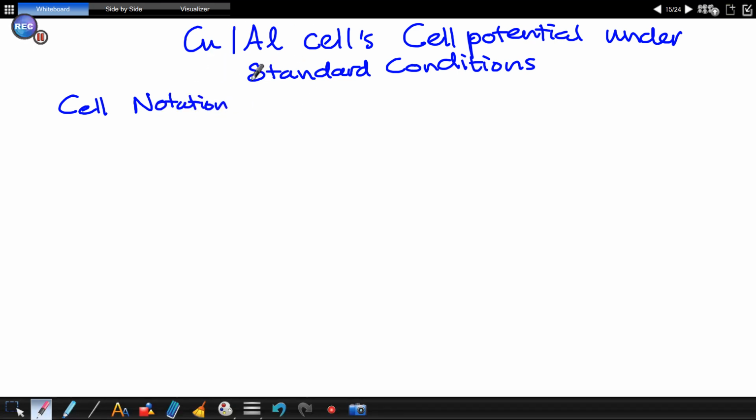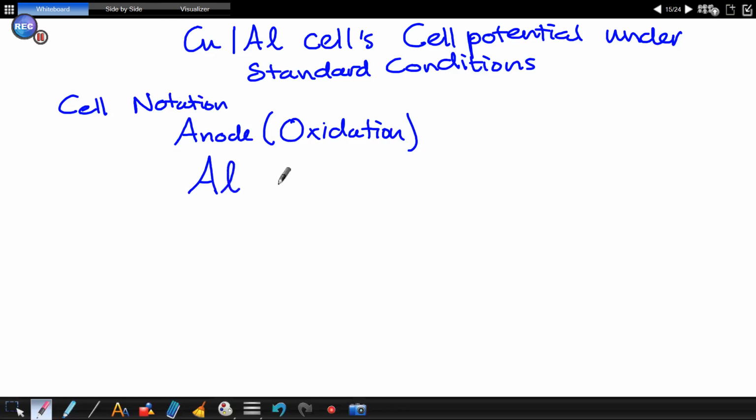What here will be oxidized, copper or aluminium? And you can turn back in your books because you've made the notes. Which is the stronger reducing agent? Aluminium. So the anode, where oxidation is taking place, is the aluminium turning into aluminium ions.